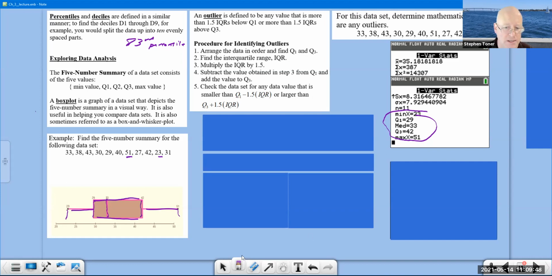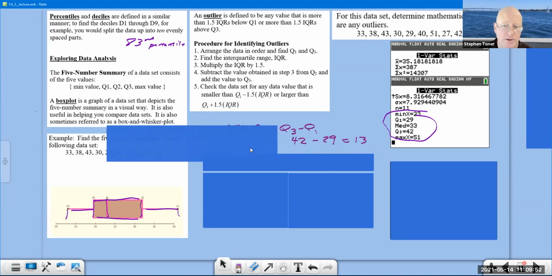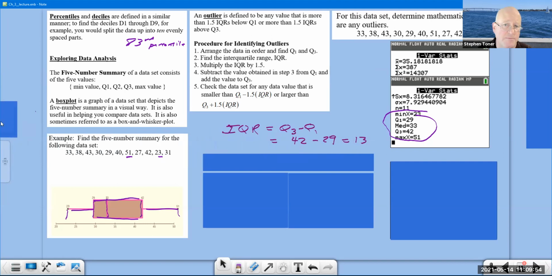So what I've done here is I've taken these data values from up above and I've arranged them in order. Well, I haven't arranged them in order, but if I were, I would find Q1 and Q3, and that would be the IQR. Here we go.